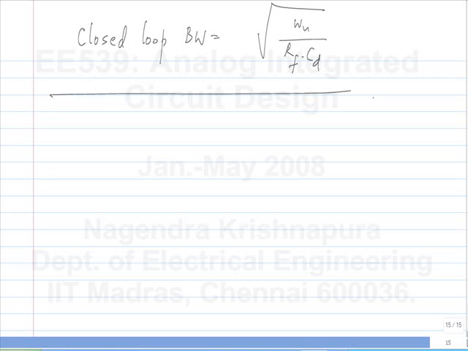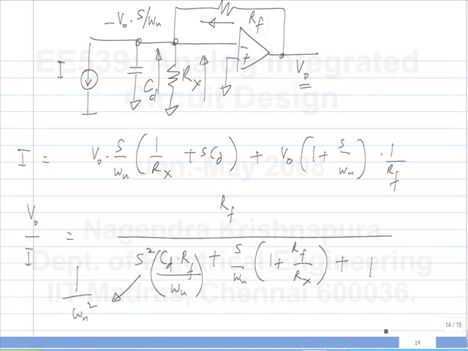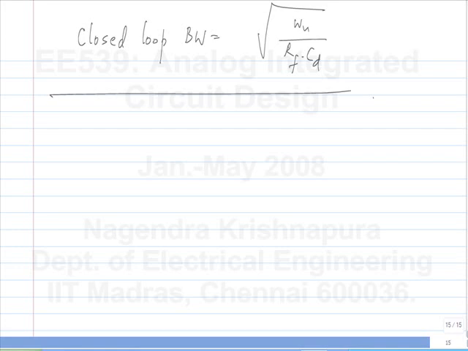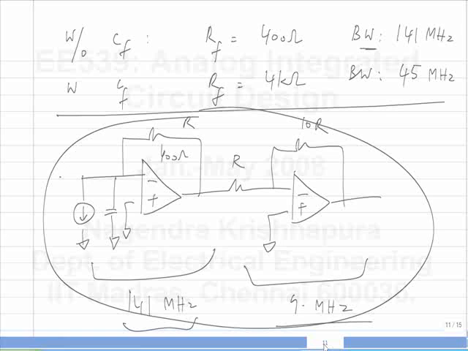Okay. So I will leave it to you to work out the conditions to get maximal flatness. So basically you have to adjust Rx so that you get a quality factor of 1 over square root of 2. Okay. So what was the closed loop bandwidth we got when we had introduced the 0?